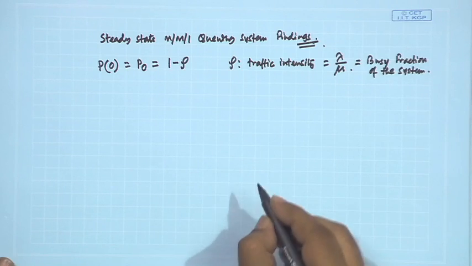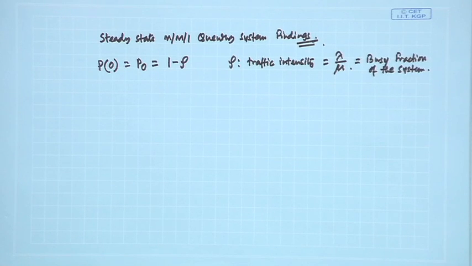Right, that is rho. Now, one thing must be remembered: when we say rho equals lambda by mu, this busy fraction will not always be lambda by mu. For the MM1 situation, it is lambda by mu, and this must be remembered.